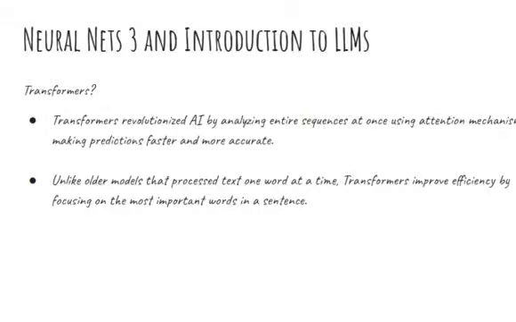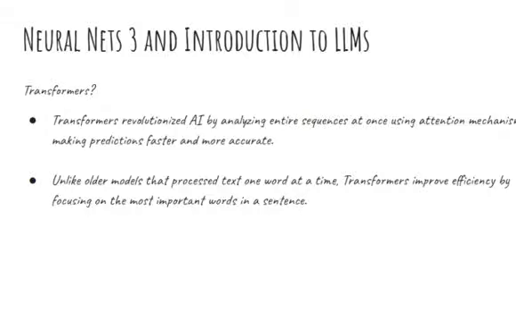Before transformers, AI models used to process text one word at a time, which is incredibly inefficient. In 2017, researchers at Google introduced transformers, which revolutionized AI so that it can analyze an entire sentence at once instead of processing one by one.